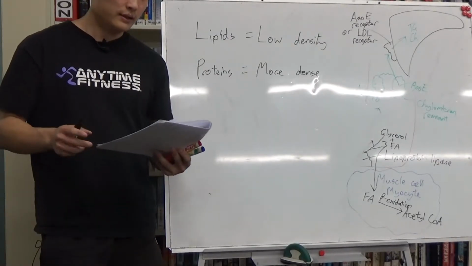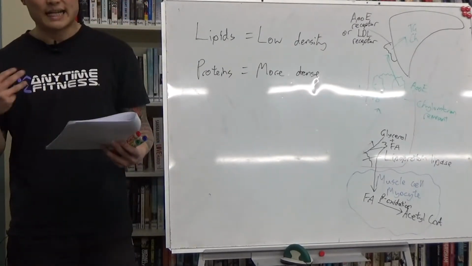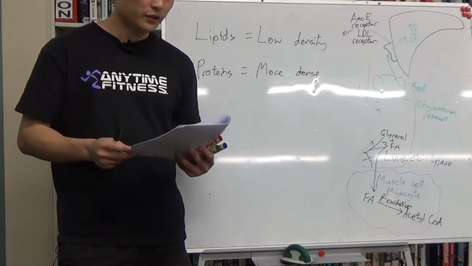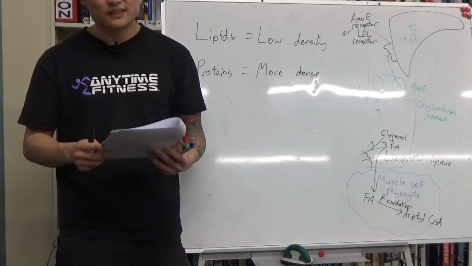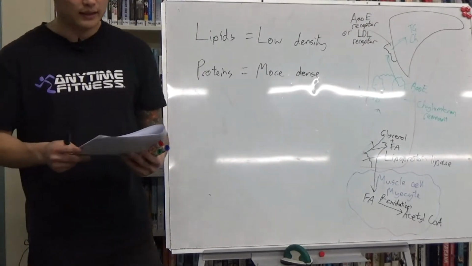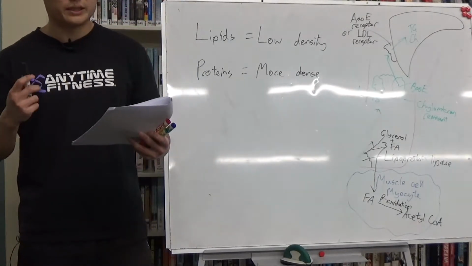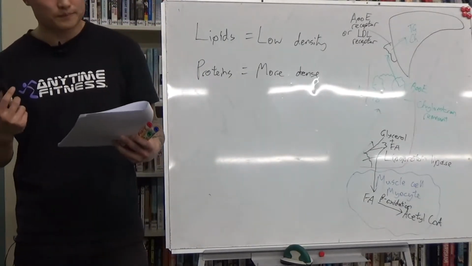So then we have very low density lipoproteins, or VLDLs. So these are synthesized by the liver, and they can also contain a high proportion of triglycerides with a little bit of cholesterol as well.